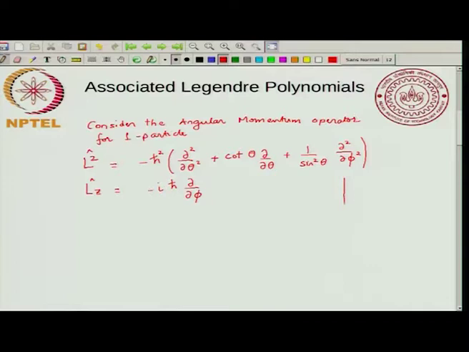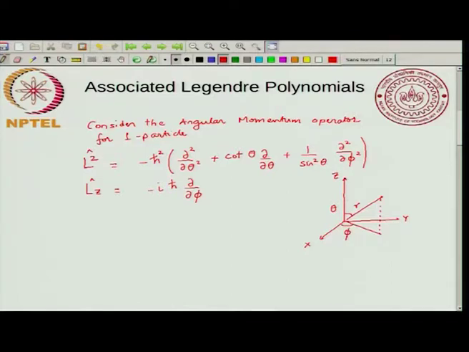Remember we are using spherical polar coordinates. You can imagine that if these are your axes x, y, z, and you have a point r with coordinates x, y, z, then we express the coordinates in terms of r, theta, phi, where r is this distance, theta is the angle with the z axis, and phi is the angle that the projection of this vector onto the xy plane makes with the x axis.